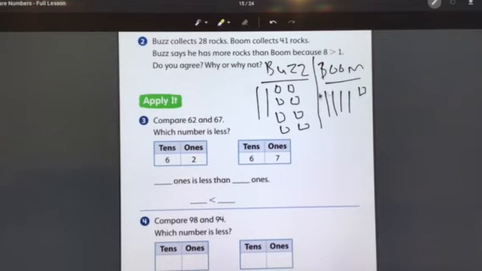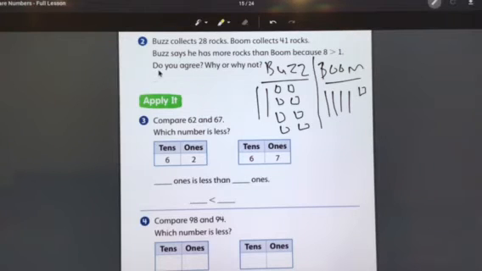I hope that your answer is no. Buzz does not have more rocks than Boom. The problem is Buzz is comparing his ones and not the tens first. Buzz was saying that 8 is greater than 1. And Buzz is correct with that, but you first have to look at the tens. So Buzz only has 2 tens and Boom has 4.